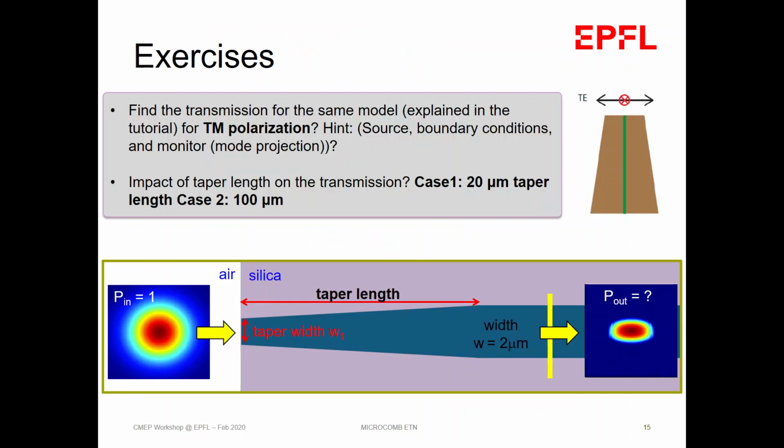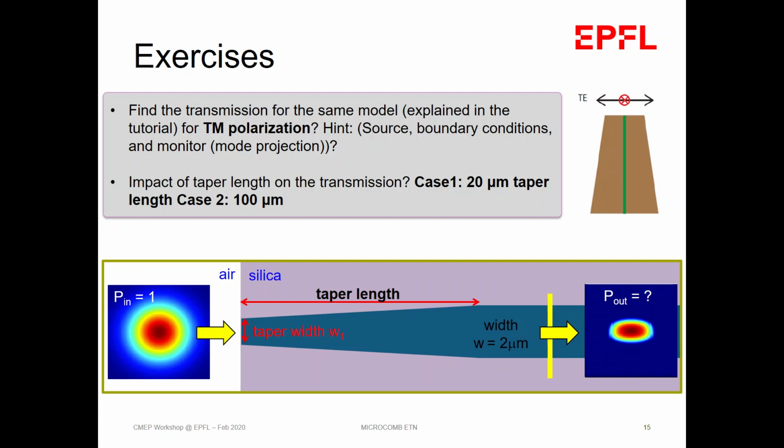So for the exercise session, what you guys have to do is redo the model we built, but for the TM polarization. I already gave you some hint here such that you can quickly change the same model that we built here. You can change the polarization of your source, and you also have to think about how the boundary condition will change, because here we were anti-symmetric, but now what will happen if you inject a polarization that is going along this direction?